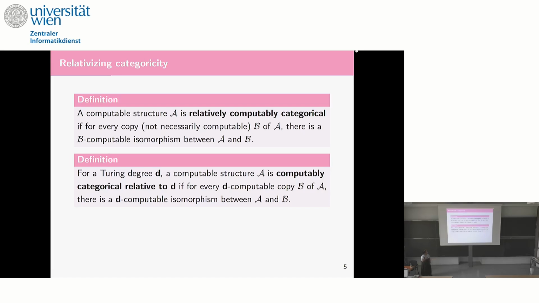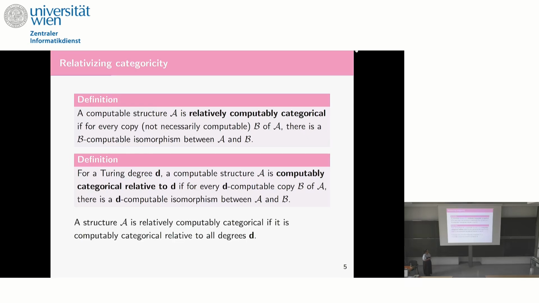A is CC relative to D if for every D-computable copy B of A, there's a D-computable isomorphism between A and B. So you're going to make a hard commitment on how complicated your copies are, and you're supposed to also match the complexity of the isomorphism to that commitment. Okay, so that's the relativization that I want to focus on today. This is relatively new, and there are things about this.